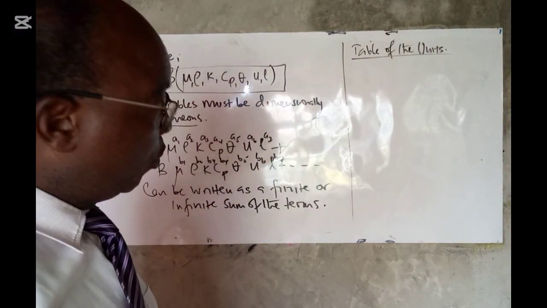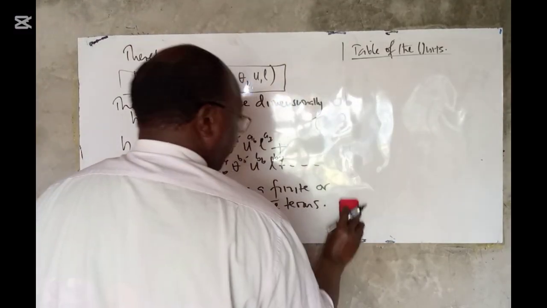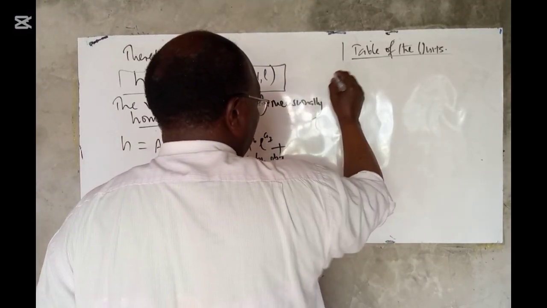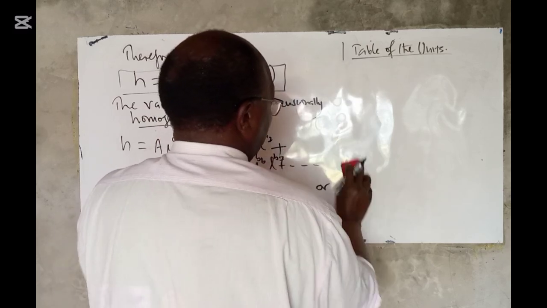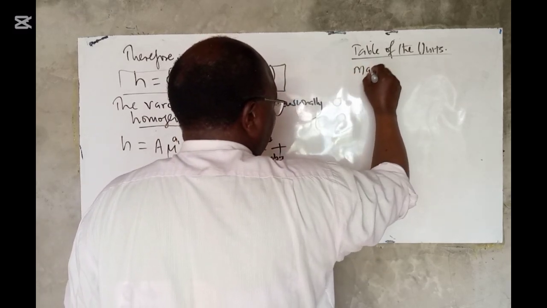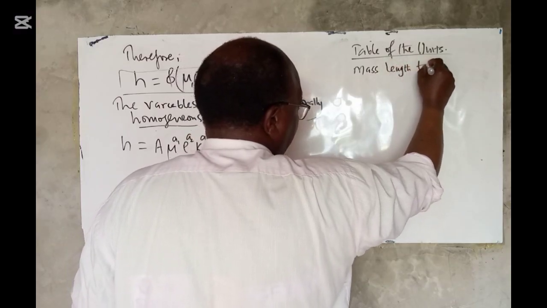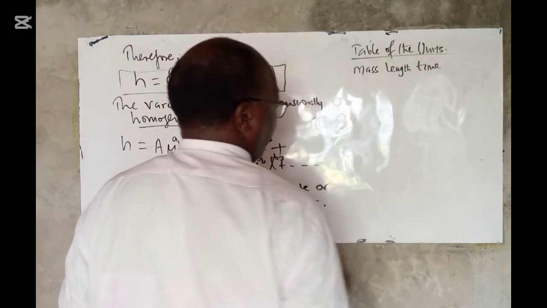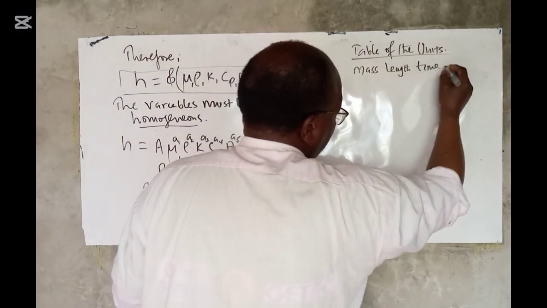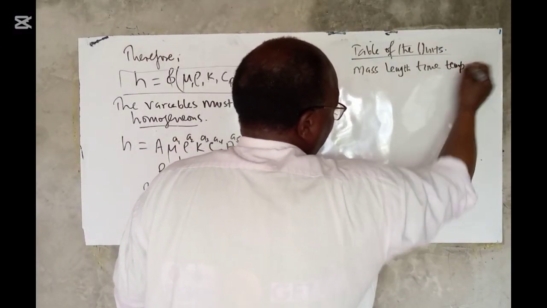In this table, we will have their dimensions: mass, length, time, temperature, and heat.